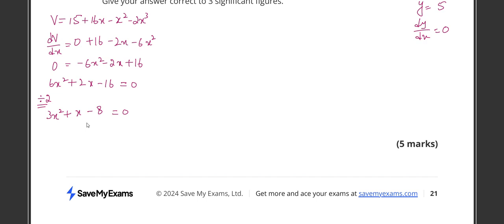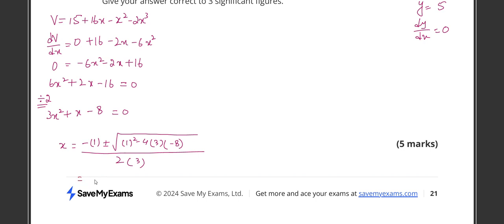Okay, so I don't think we can make the factors, so therefore we can use this formula that x is equal to minus b, which is 1, plus minus root of b square, which is 1 square, minus 4a, which is 3, c is negative 8, over 2a.